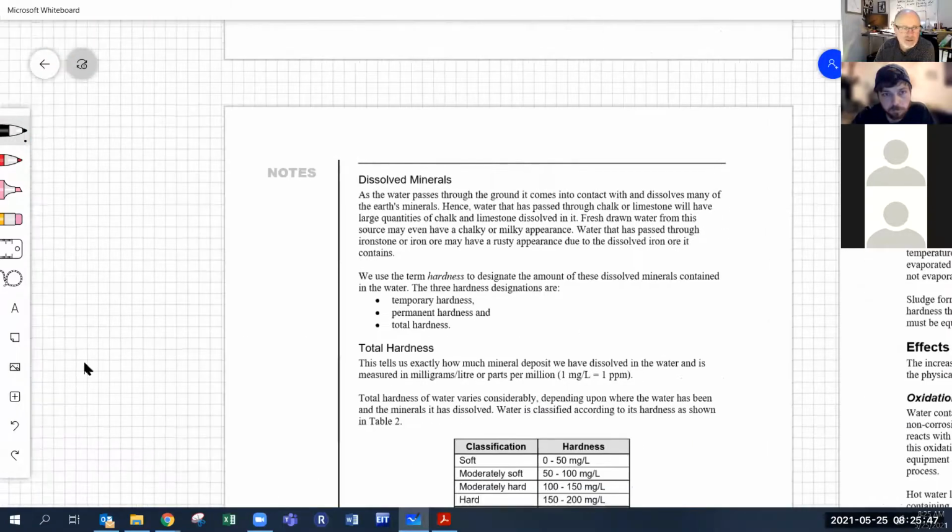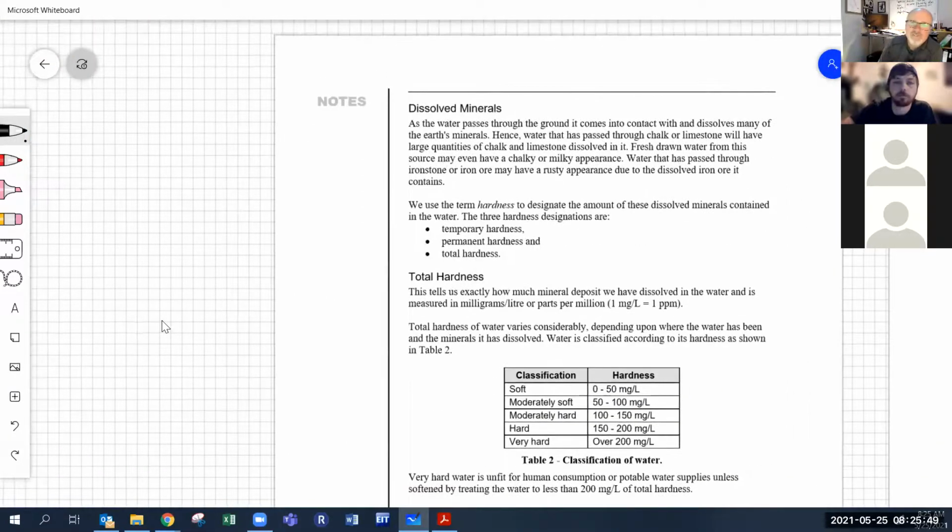Okay. So these dissolved minerals come from the earth, of course, and a lot of water passes through chalk, limestone, etc. And then you have this chalk and limestone dissolved in the water. So water that passes through ironstone or iron ore may have a rusty appearance.